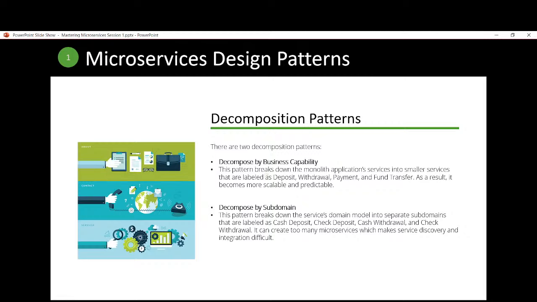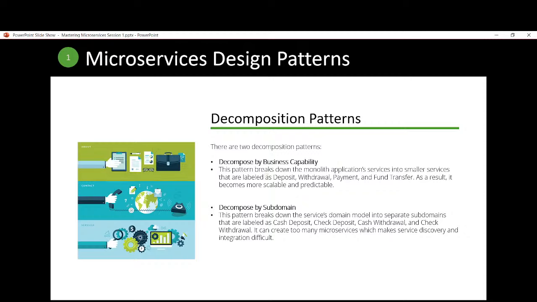So I would rather choose decompose by business capability, and based on the business requirement, split into smaller services like deposit, withdrawal, payment. The deposit microservice contains two kinds of deposits, such as cash deposit and check deposit.